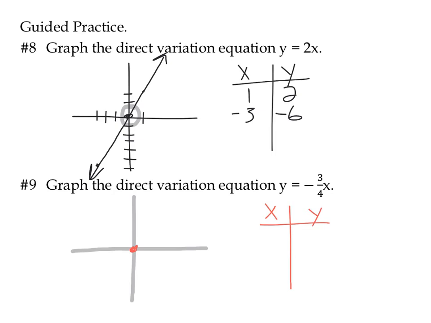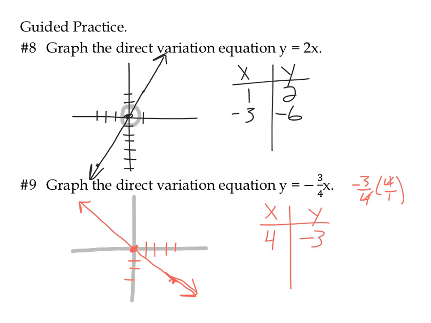That could be tricky to graph possibly, but if we plug in a 4 for x, now we have negative 3/4 times 4, which is 4 over 1. Those cancel, we'll get negative 3 for the y. So when x is 1, 2, 3, 4, y is 1, 2, 3, negative 3. Again, you could get more points if you wanted as well. We can draw our graph through those, extend our line, put an arrow on the end.